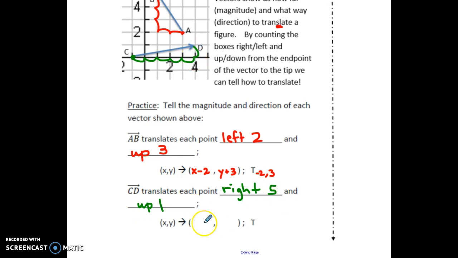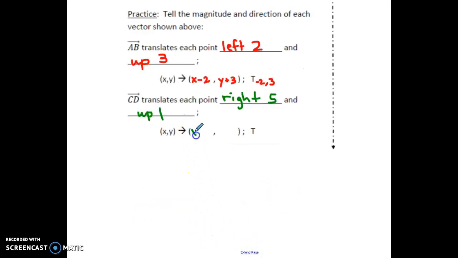So in written directions, that's what it would look like. In the mapping directions, in the X direction, since it's to the right 5, we would say +5. And since it is up 1, we would say +1. And then with the T notation, we would just grab the +5, comma, +1 written as subscript.